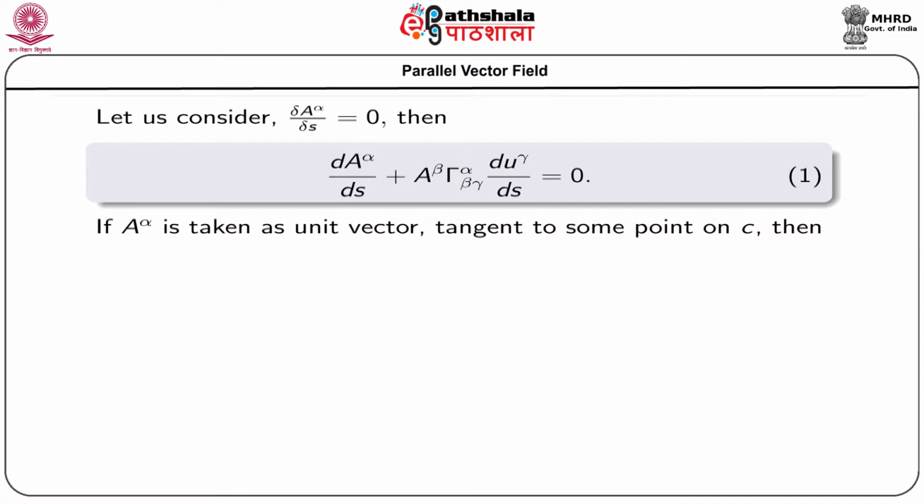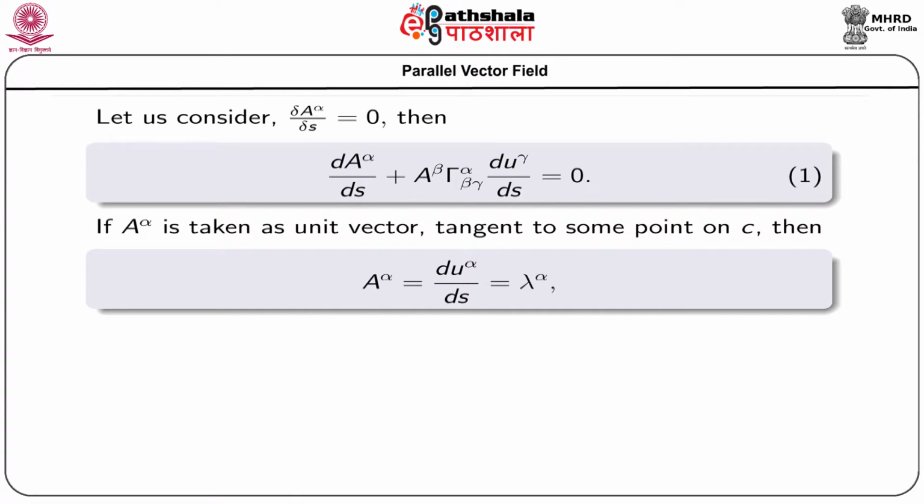Now, if A alpha is taken as a unit tangent vector at some point, then A alpha can be written as du alpha ds, which we have expressed earlier as lambda alpha.